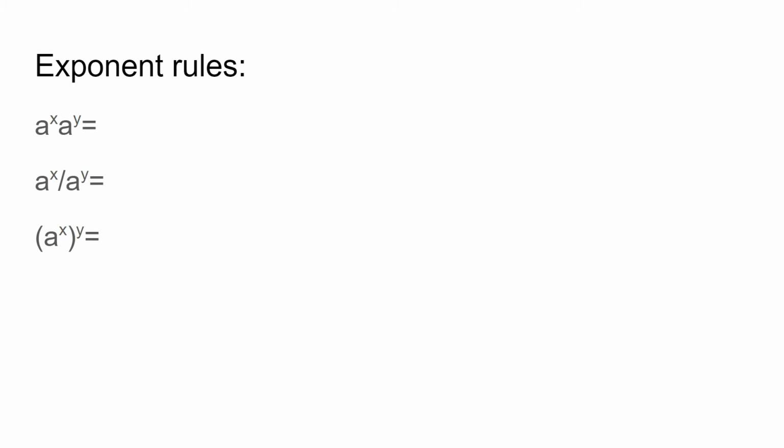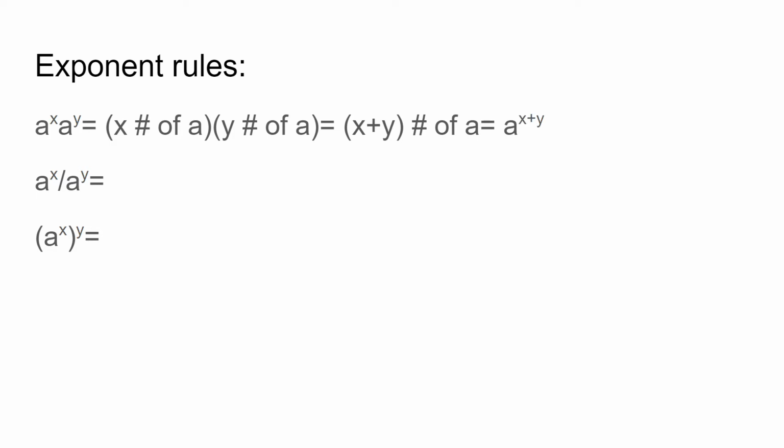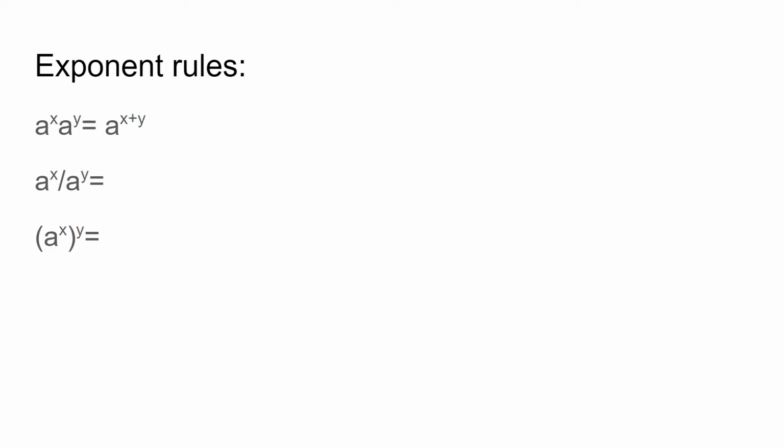Well, it is x numbers of a's times y numbers of a's, and that is equal to x plus y numbers of a's, which is a to the x plus y.